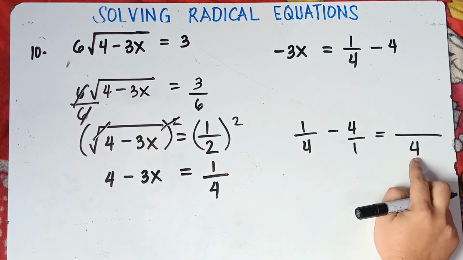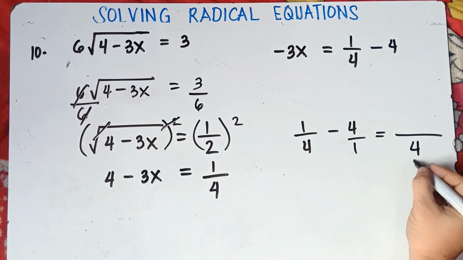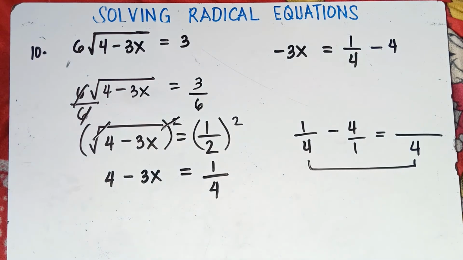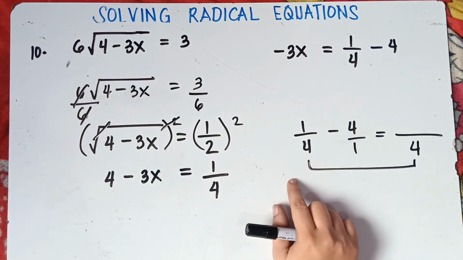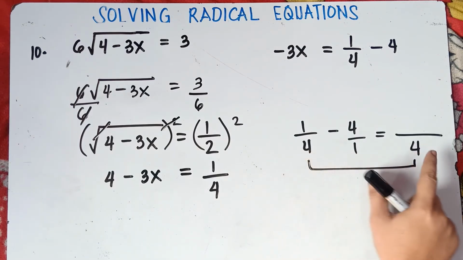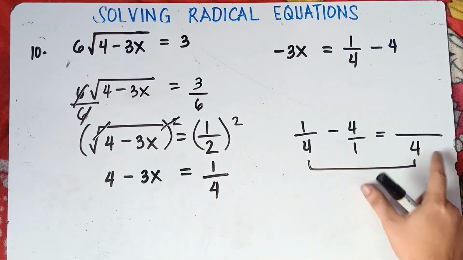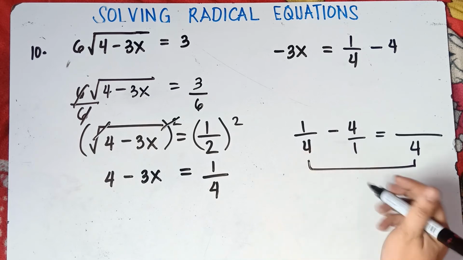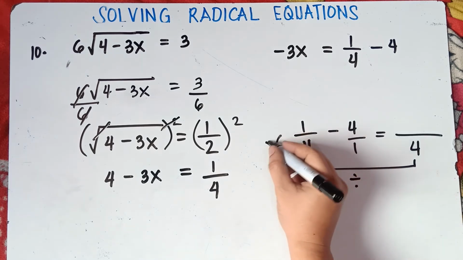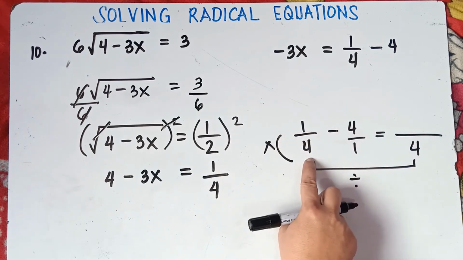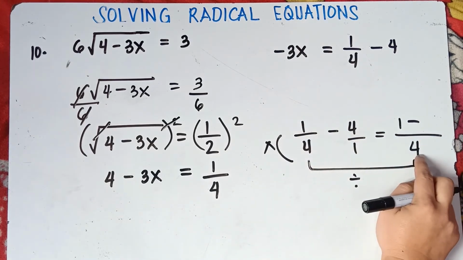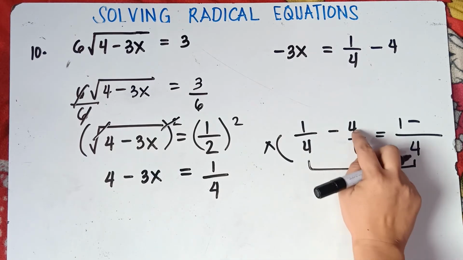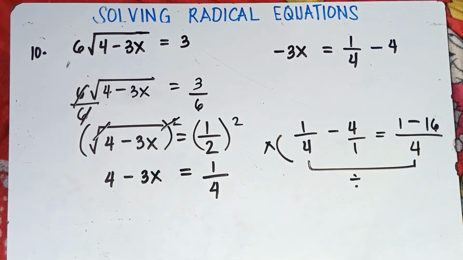So 4 divided by 4. I hope you remember this one, class. Subtracting fractions, we cannot subtract the fractions directly because the denominators are not the same. We find the LCD, and that would be 4. So 4 divided by 4, you divide, and then you multiply. So 4 divided by 4, that is 1, times 1, that is 1. Minus 4 divided by 1, that is 4, times 4, that is 16.